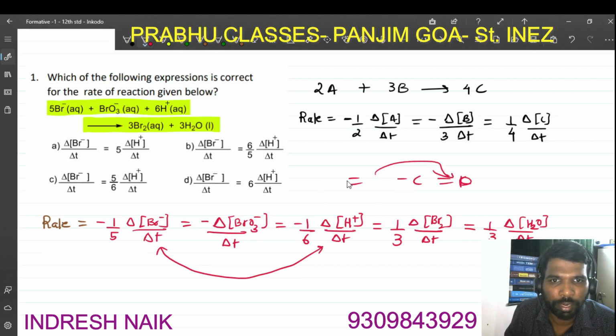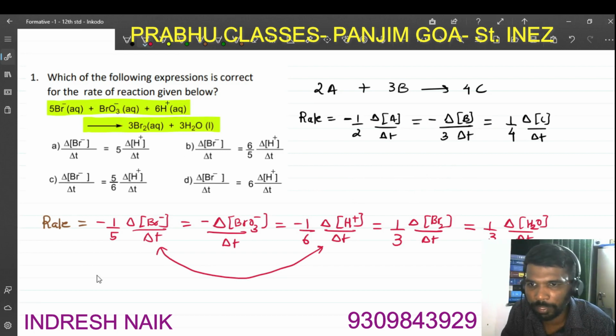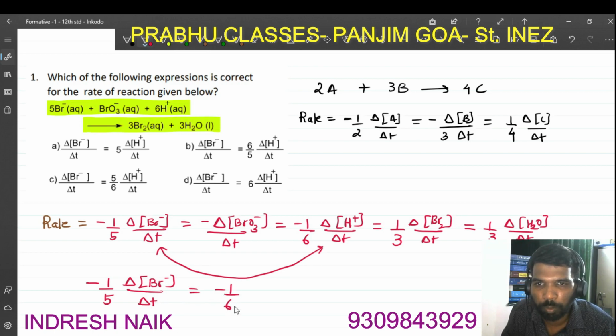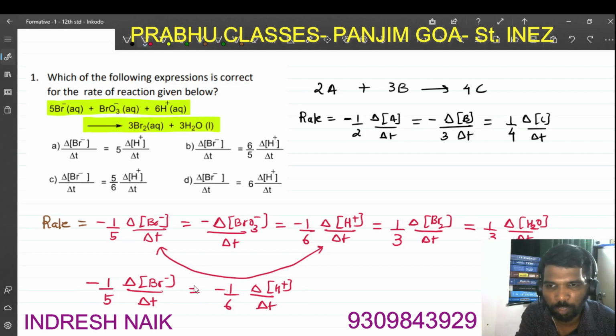So I can relate all these terms, and I'll write over here minus 1 by 5 delta Br minus by delta T, which is equal to minus 1 by 6 delta H plus by delta T. The minus and the minus will become plus, or we can say this minus sign becomes a positive quantity.